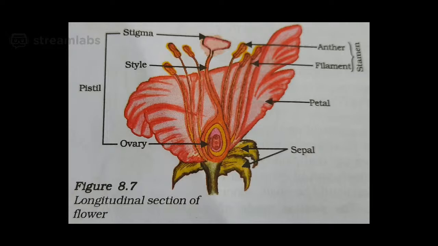If the transfer of pollen from the stamen to the stigma is of different flowers of different plants, then it is called cross-pollination.